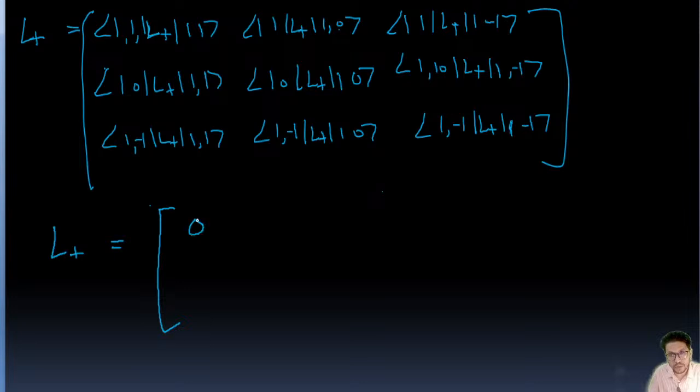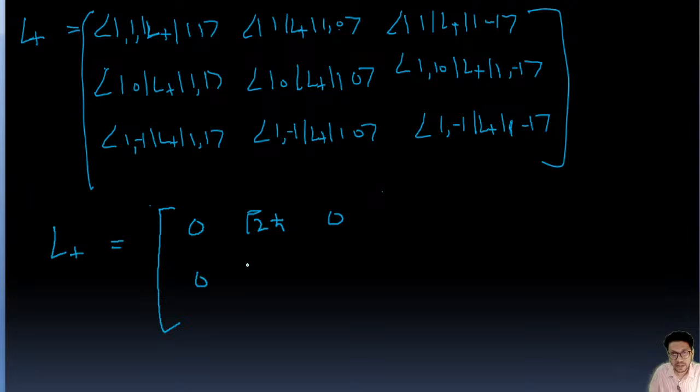So the state will be 1 1. M is 0 and l equal to 1, right? So this means root of l(l plus 1) minus m(m plus 1), which is root 2 ħ. And this is 0.